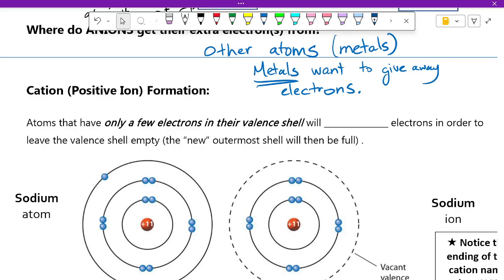Okay, so atoms that have only a few electrons, so that would be less than half full. How many is full again? 8 is full. So how much is half full? 4 is half full. So less than half full would be 3 or fewer electrons.